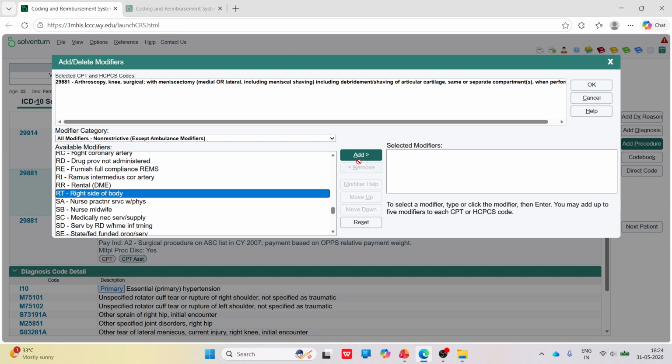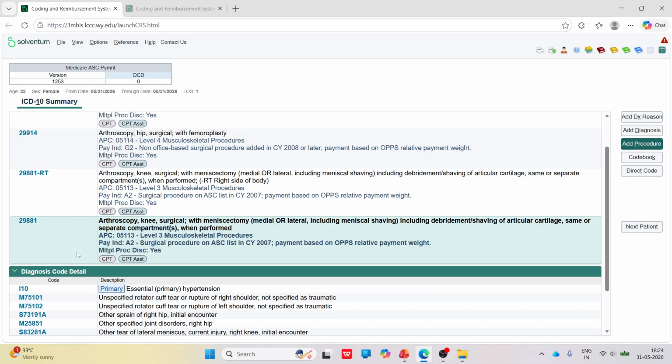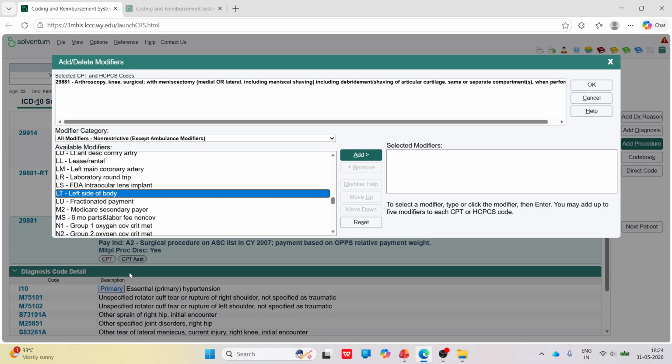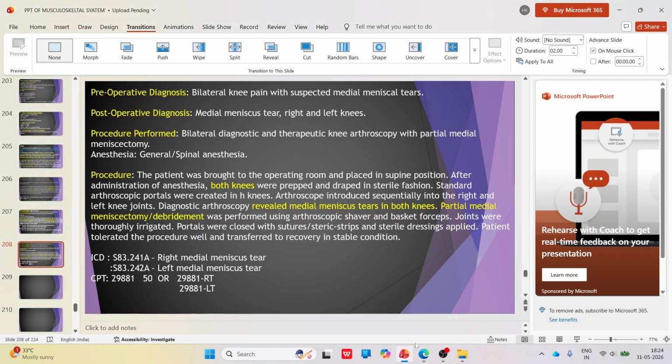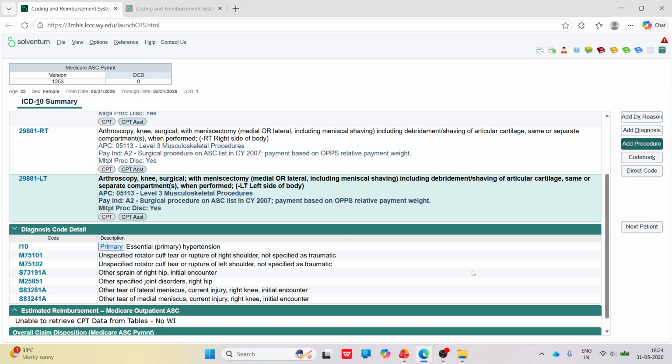For the ICD also, here is the lateral meniscus. Okay, so here it is only the medial, no? So only medial.